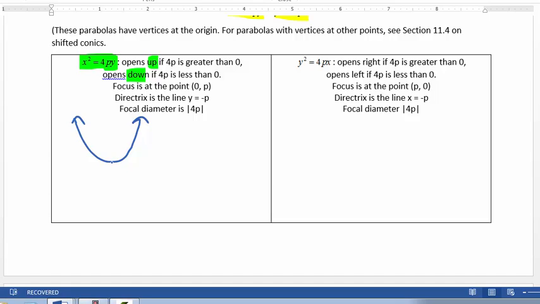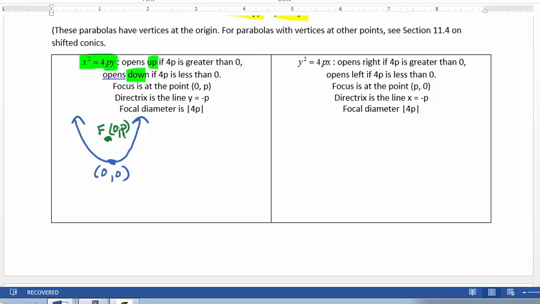The vertex here is your point (0, 0), which again is called your vertex. And then you're going to have a point over here, which is going to be called the focus. A lot of times they'll use a capital F for the focus. And in this case, the focus is going to be the point (0, p).